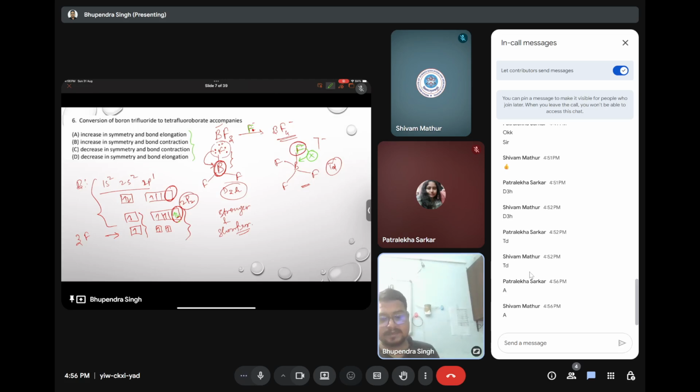Here it's saying increase in symmetry, decrease in symmetry. To find out the increase or decrease in symmetry, you can find out the order.